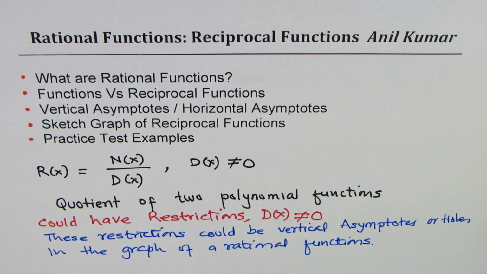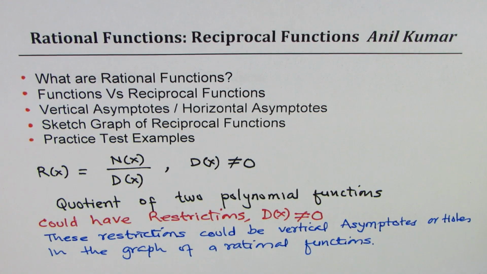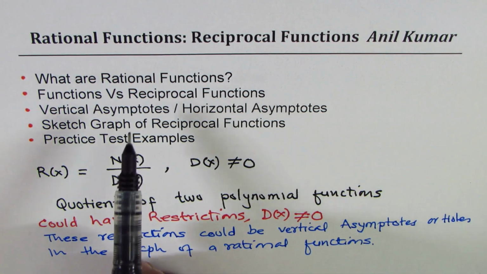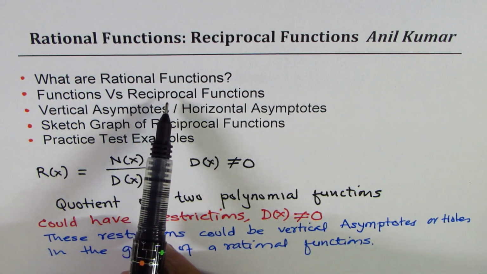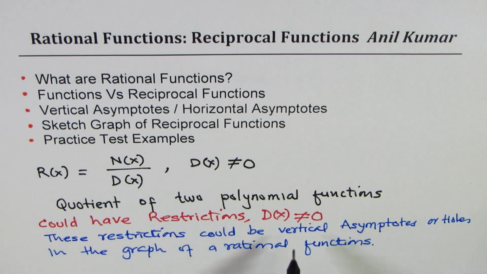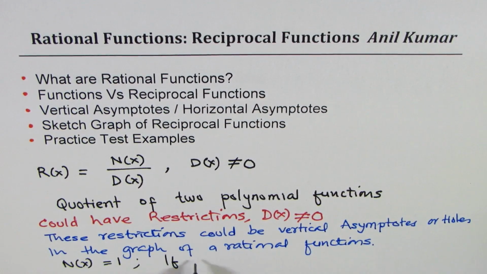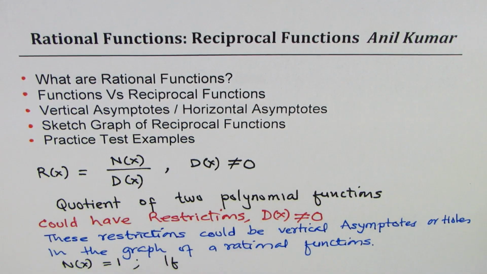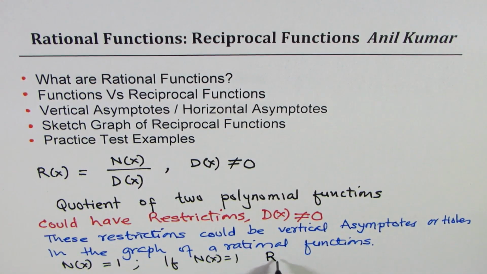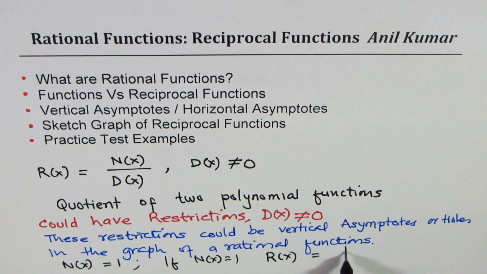So with that, let's now take up rational functions of the type which we call reciprocal functions. As you know, n of x, the numerator, could also be 1. If n of x equals 1, that is, the numerator is 1, then we have a rational function of the form 1 over d of x.